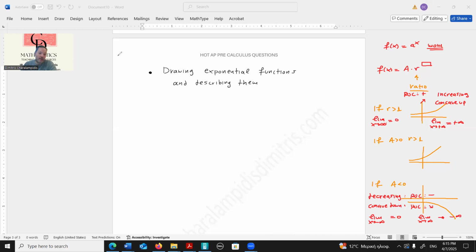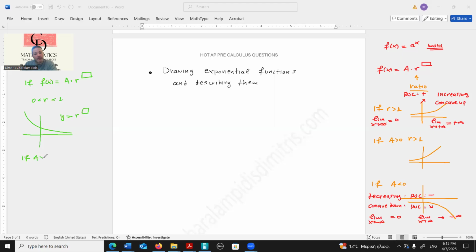On the other hand, let's go to the other side. If we have the function f of x is a times r to the power of something, and the ratio is between 0 and 1, normally, without the presence of a, we would expect it to be like that. So this is a typical r to the power of something.